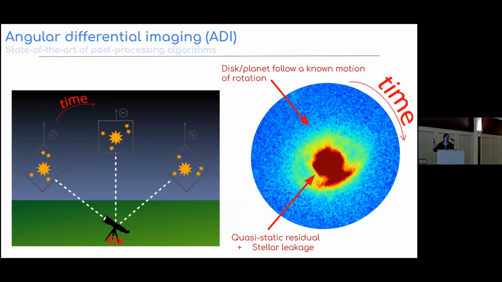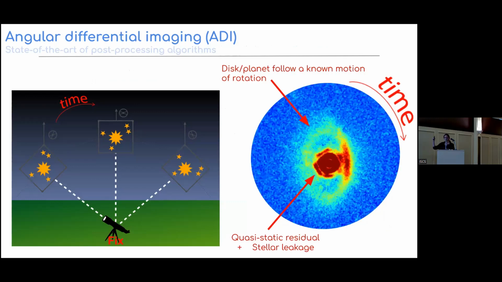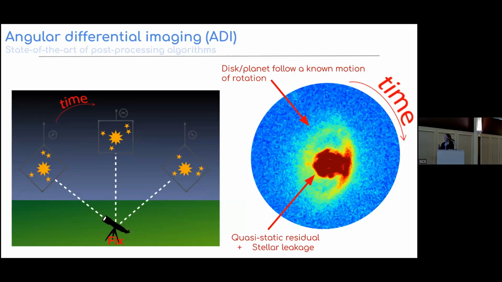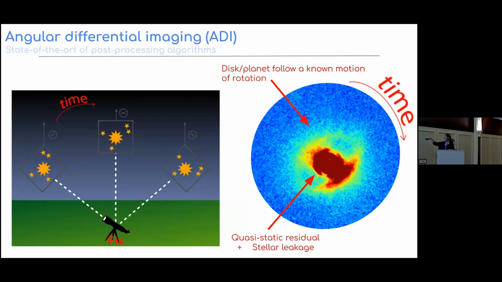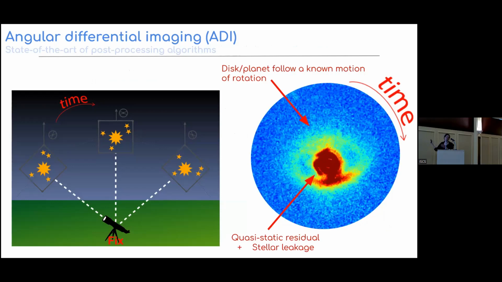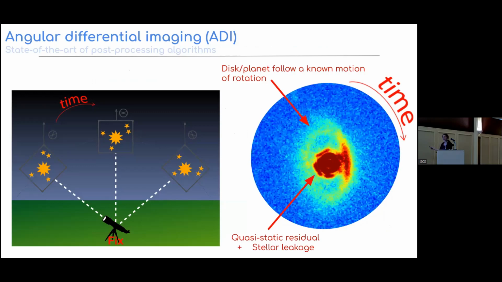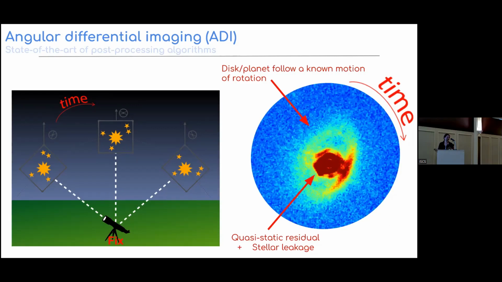Basically, the pupil is fixed on the detector, so through the night the field of view will rotate. The output is a sequence of images where our circumstellar disk or planets will rotate by a known angle, and the speckle field will remain more or less static.